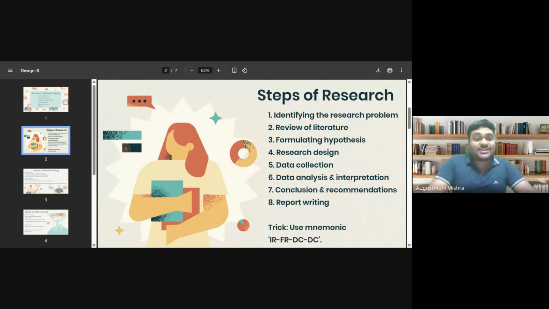Means you can see each and everything from different angles. Like in media, we say that news should be presented from different angles. Similarly, in research work, you have to understand the different angles of that particular research work. Then only you will be a master in research problem solving.